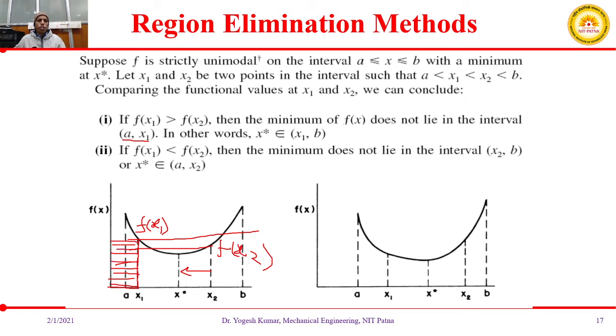Since this value is higher, we will eliminate this region. In other words, the possible solution will be between x1 and b, from here to here. So this is how this region is eliminated.